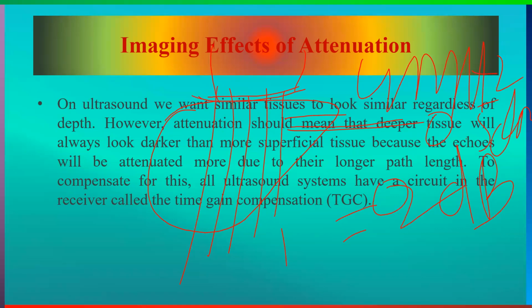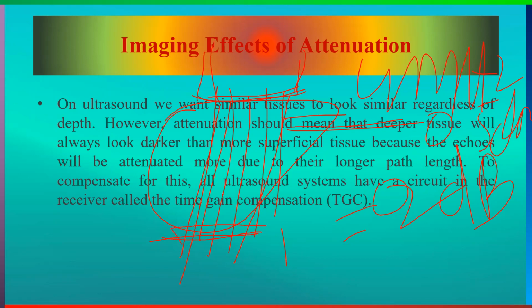And just imagine this: you are performing ultrasound of this liver, and the sound waves are traveling to a depth of 10 or 15 or 20 centimeters, which is the usual craniocaudal length of the liver in our population, right? I'm talking about our population.